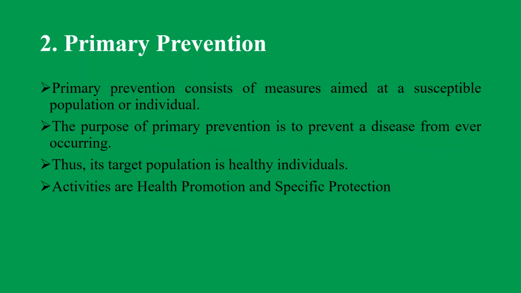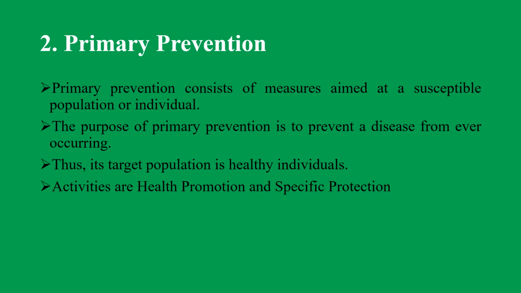Number 2 is primary prevention. In primary prevention, this is where there are risk factors, but there is no disease condition. So the purpose of primary prevention is to prevent the disease from ever occurring.